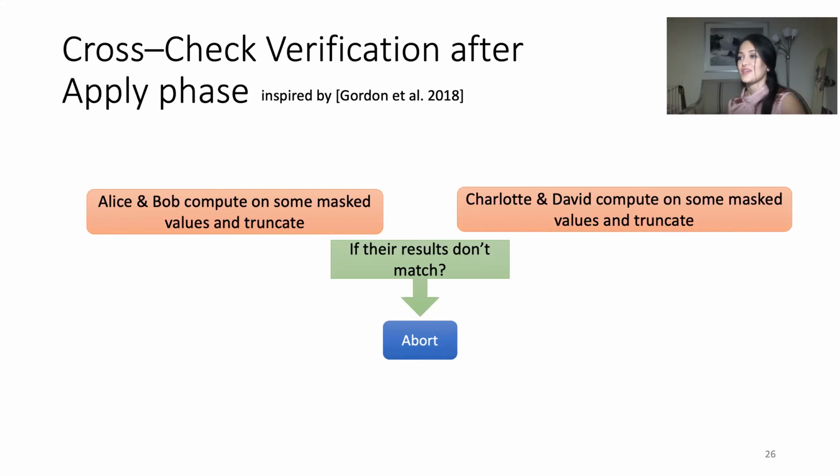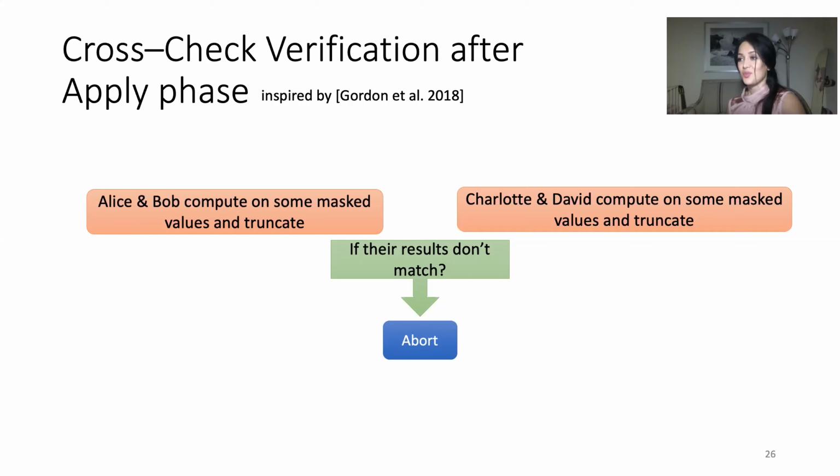During the apply phase in our scheme, each group computes on their mask data locally and then do a cross-check validation to compare their results to make sure nobody acted maliciously during the computation. If the results don't match, they abort.